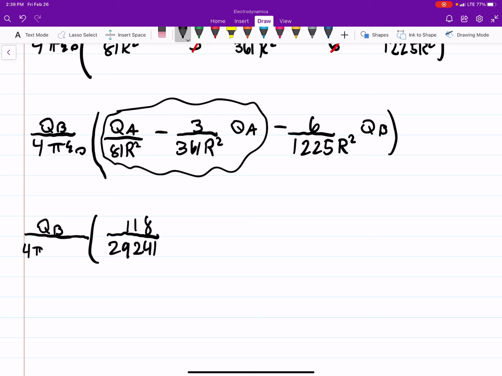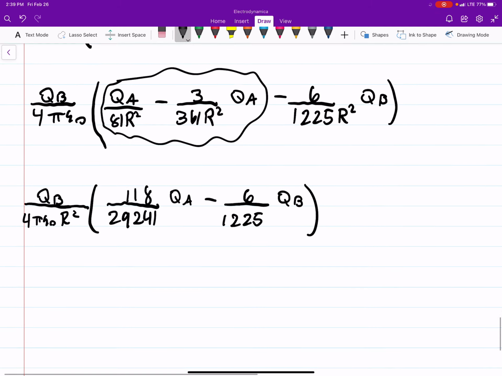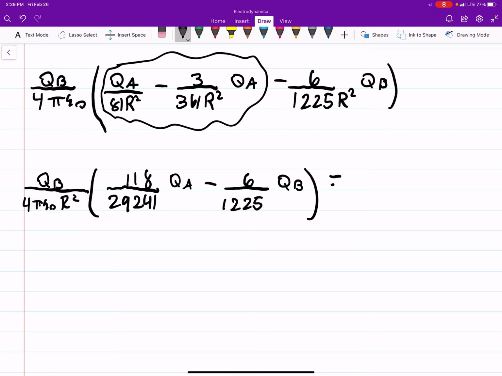So 4 pi epsilon naught r squared times QA minus 6 over 1225 QB. Now that's basically everything. So this is the summation, and this is in the x-hat direction of our forces.